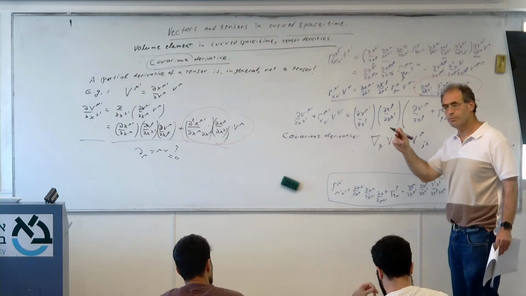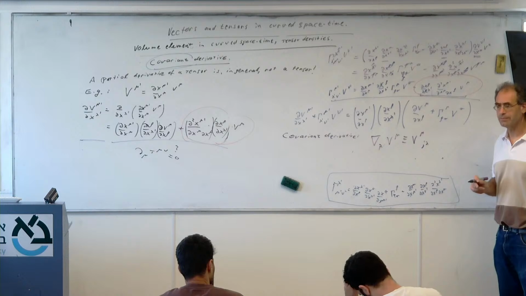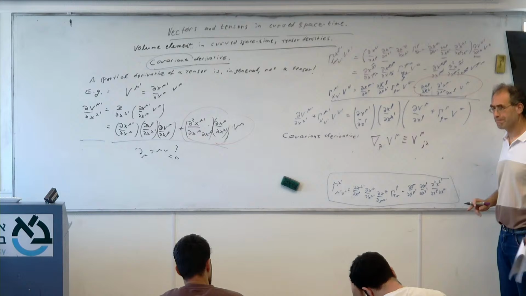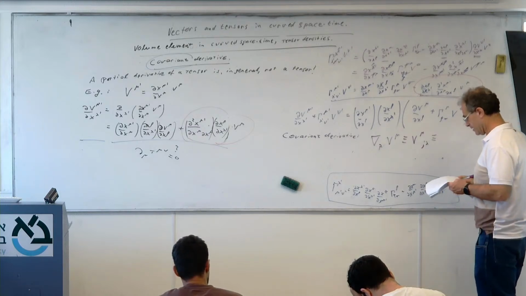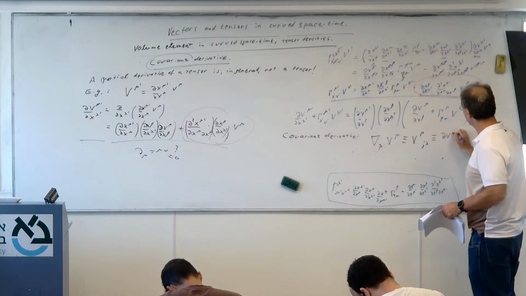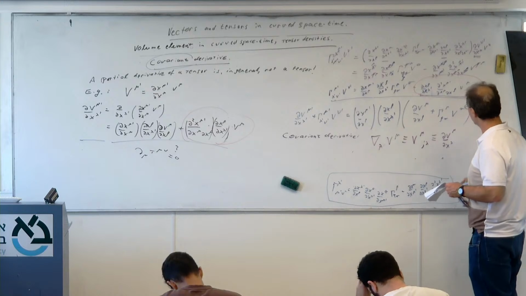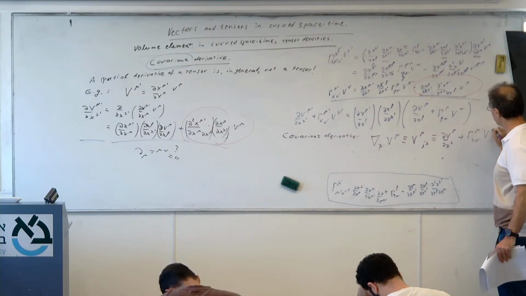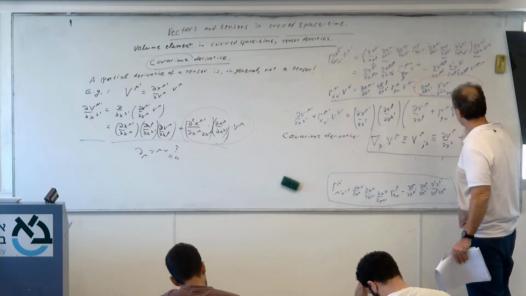Remember, I wrote the comma to denote the partial derivative in flat spacetime. So in curved spaces, it's going to be a semicolon. Right? And it's defined exactly that: dv mu over dx lambda plus gamma mu lambda sigma v sigma. This is exactly what we wanted.